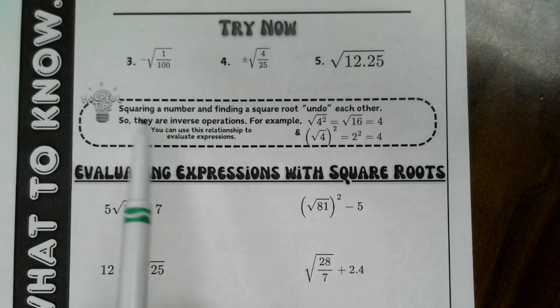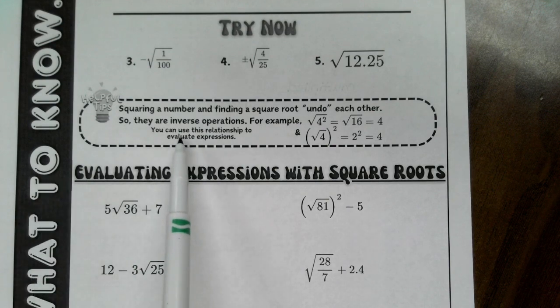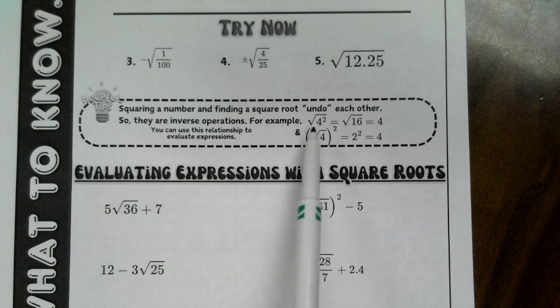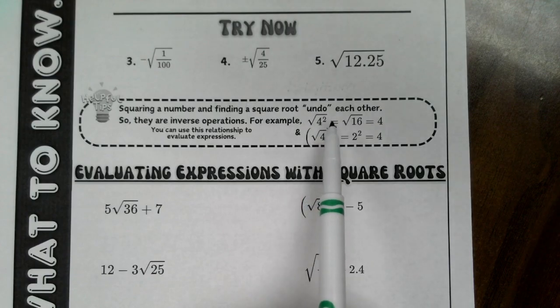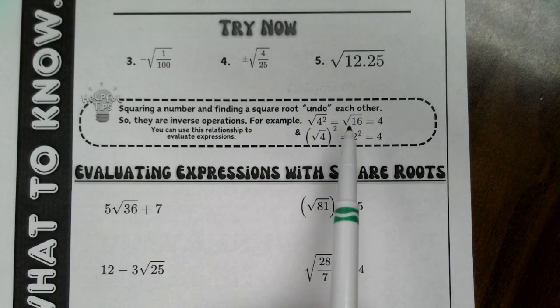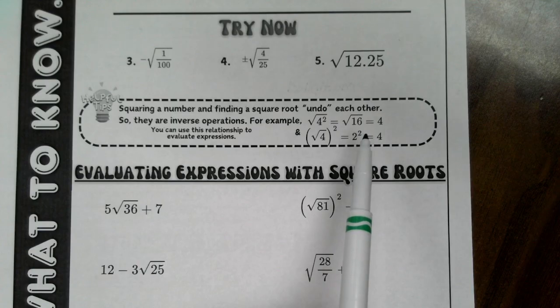Here's a little helpful tip for you. When you're squaring a number and finding a square root, they undo each other. So essentially they're like inverse operations. You can use this relationship to express a value, and you can use this to evaluate expressions. So the square root of 4 squared, so I already have the square root of 16, right?